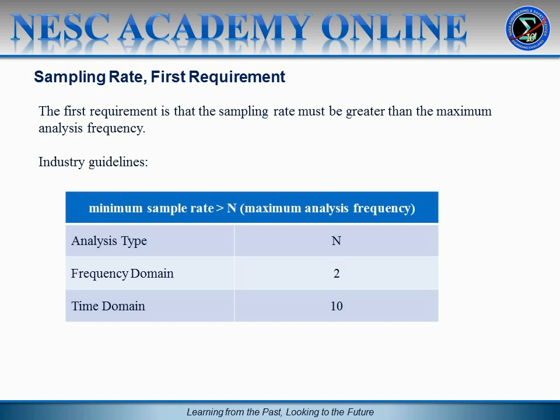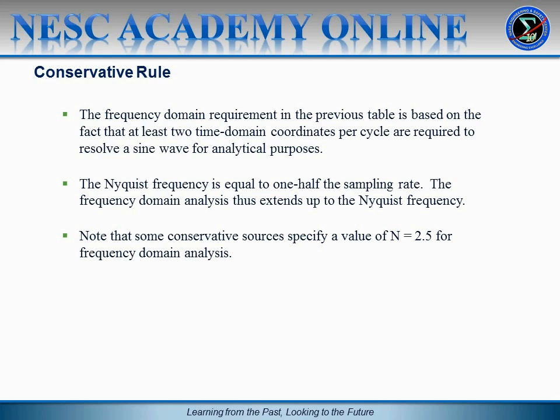Now for a time domain calculation, our sample rate should be greater than 10 times the maximum analysis frequency. Now an example of a time domain calculation would be a modal transient analysis, and this includes a shock response spectrum calculation.